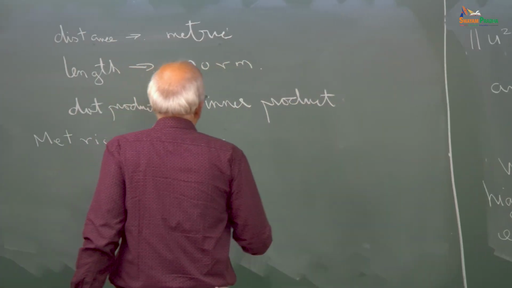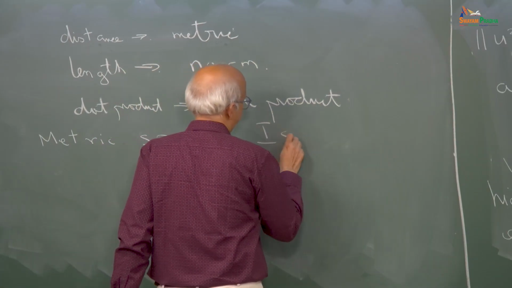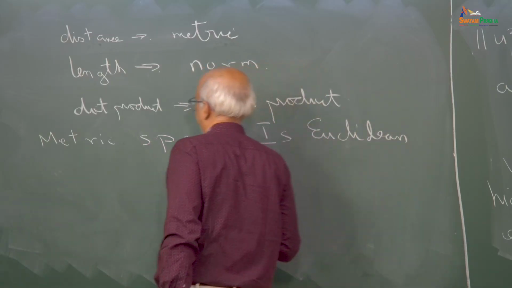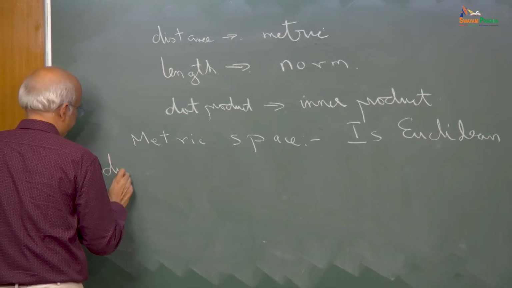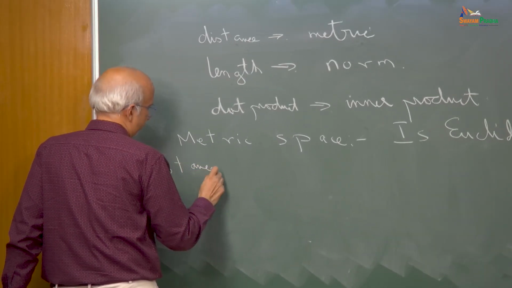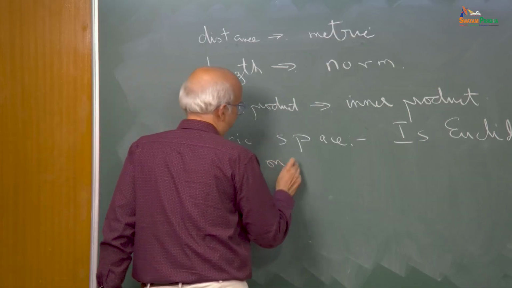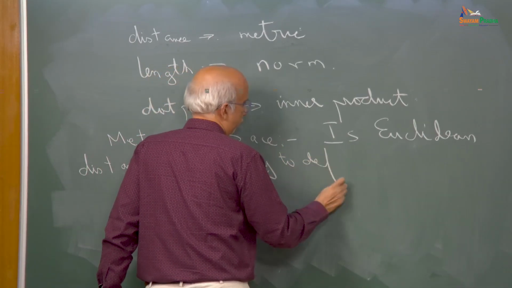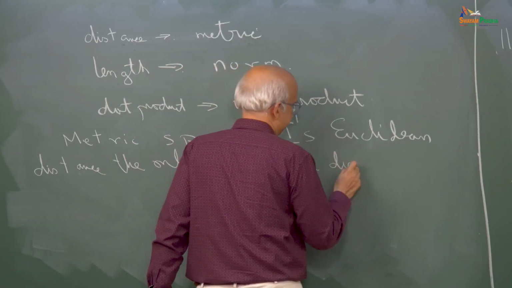So, the Euclidean distance is not the only way to define distance.